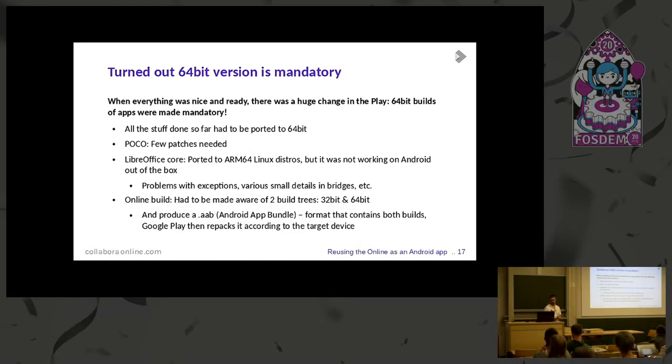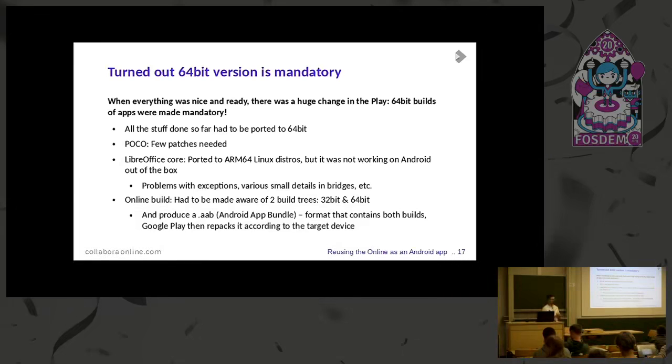So we had to make LOWSD compilable on 64-bit, which needed POCO, which we use as the main dependency for the online itself. We had to port it to 64-bit. Luckily, it needed just a few patches, but still it was a bit annoying.